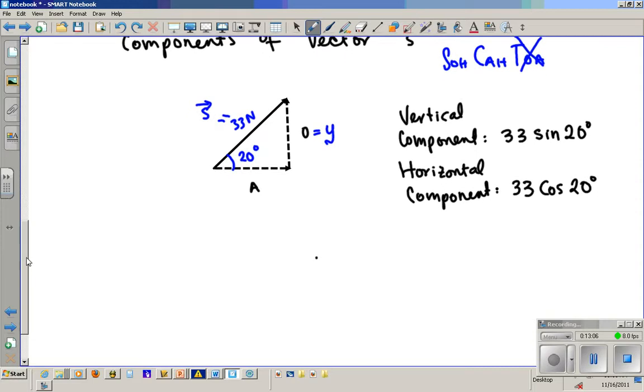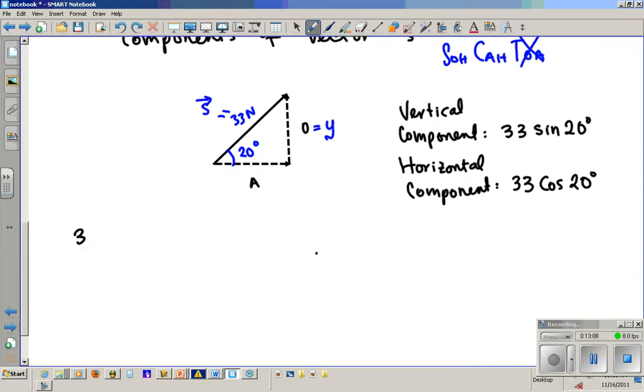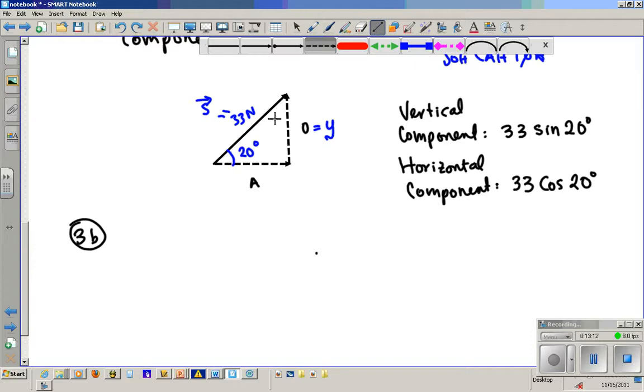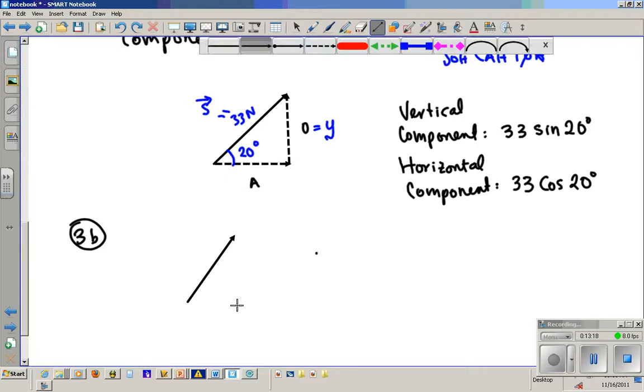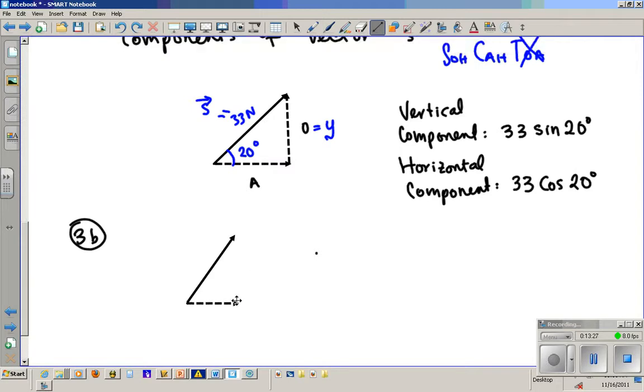Now, let's try another example. Let's do 3b. What if we had a vector like this, and you are asked to find the horizontal and vertical components? This is the vertical component, and this is the horizontal component.